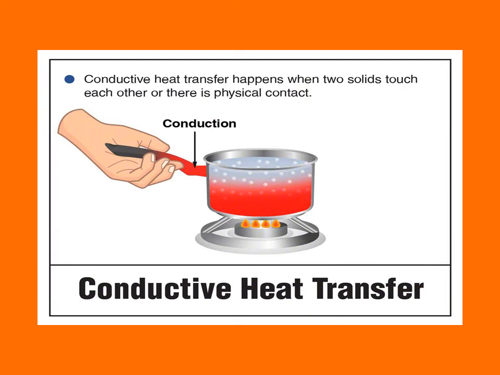Whenever a utensil is kept on flame, it becomes hot and the heat travels from the base of the utensil to its handle. So, conduction occurs when there is physical contact between two solids.